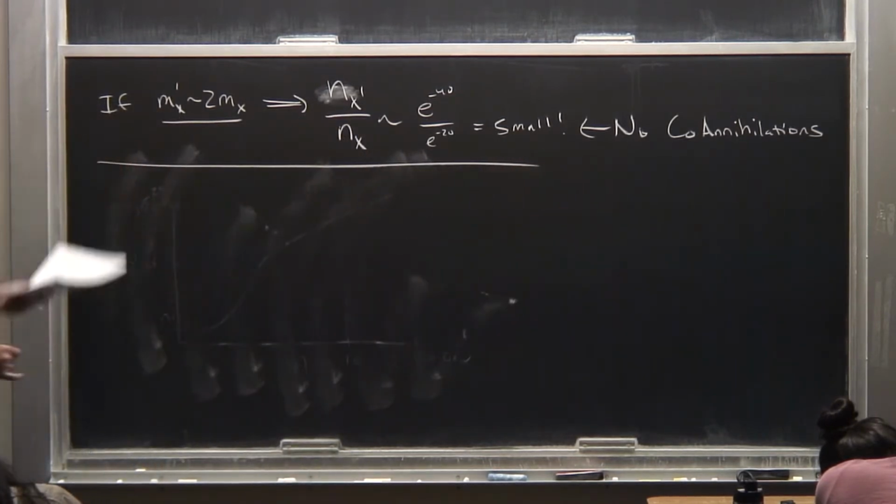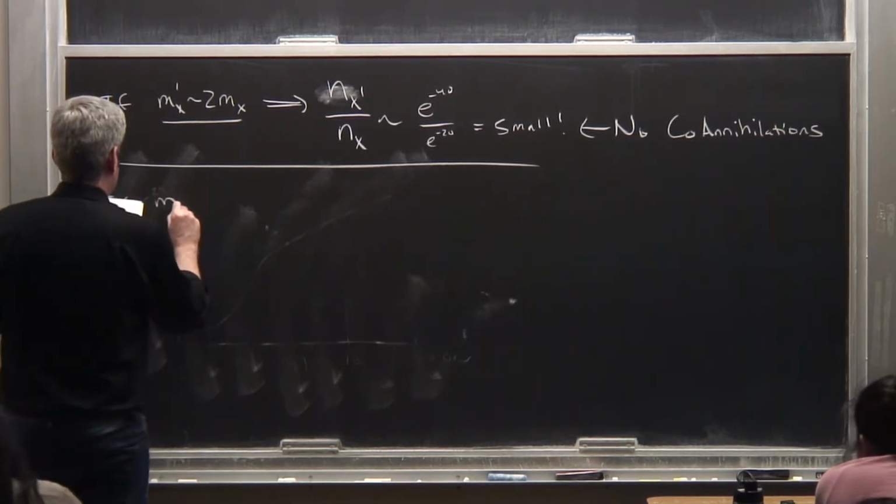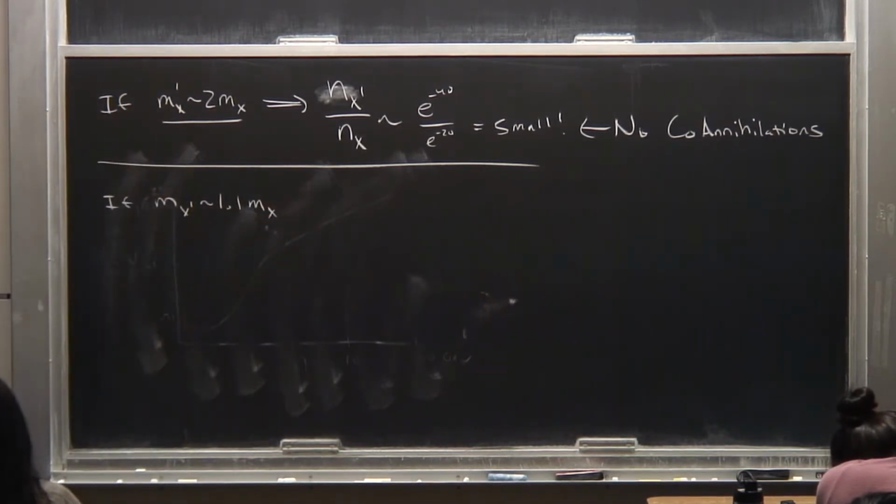Okay, so I wrote that down just to drive home the point that this only matters when there's a close degeneracy in mass. In this case, as an alternative, let's say there's a 10% mass splitting.